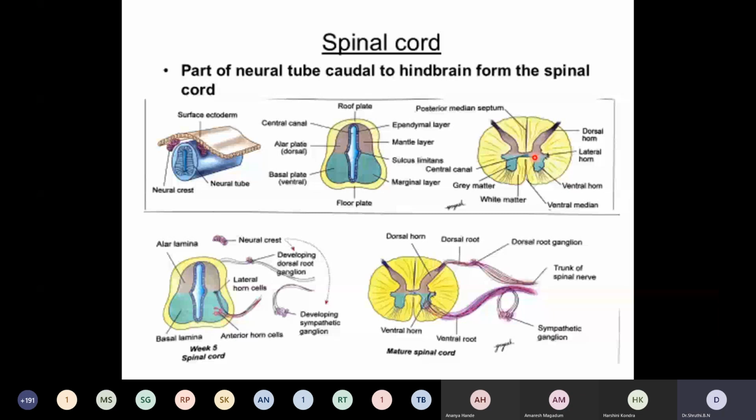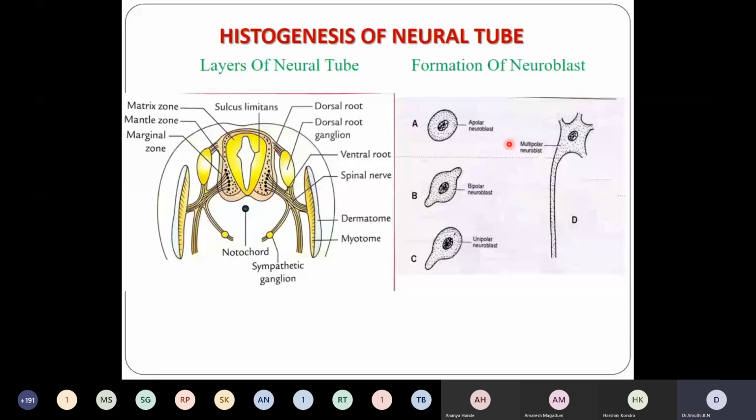The supporting cells form two types of cells, the oligodendrocytes and the astrocytes. Astrocytes are of two types again, protoplasmic astrocyte and fibrous astrocyte. You get a third type of supporting cell called microglial cells, they are of mesenchymal origin.